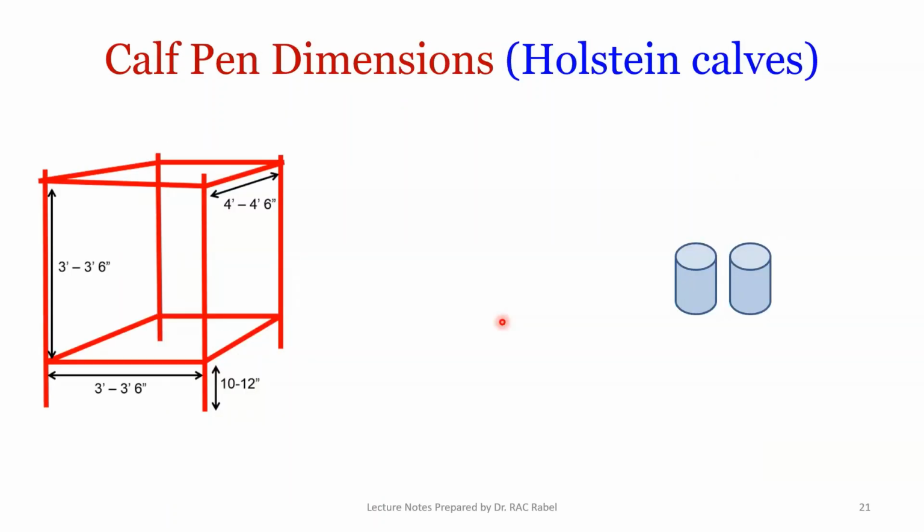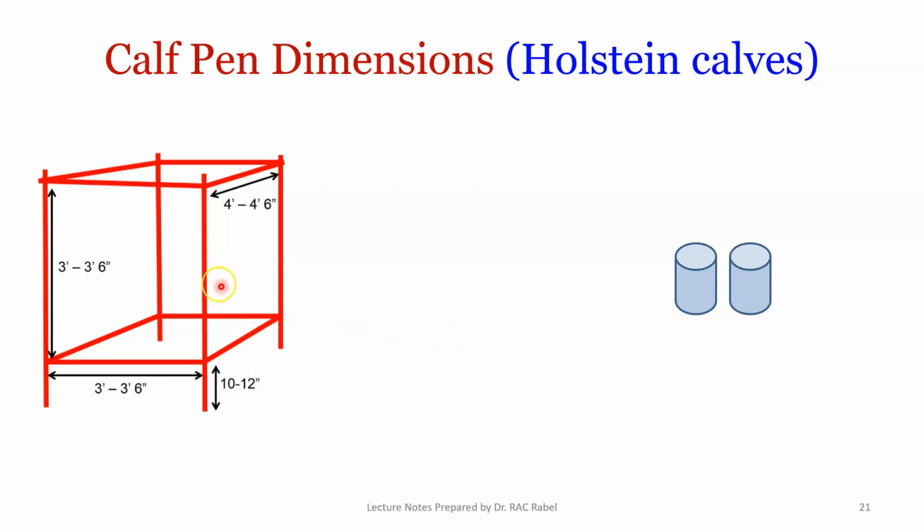Right. So I promised to give you dimensions of calf pens. Right. So all those systems we saw earlier, right, from the world over and Sri Lanka as well, right? But now if you're a vet and you have to instruct somebody to build their own calf pen, what dimensions would you give, right?